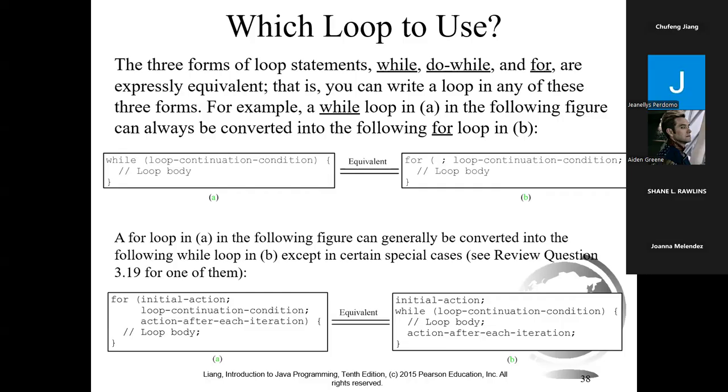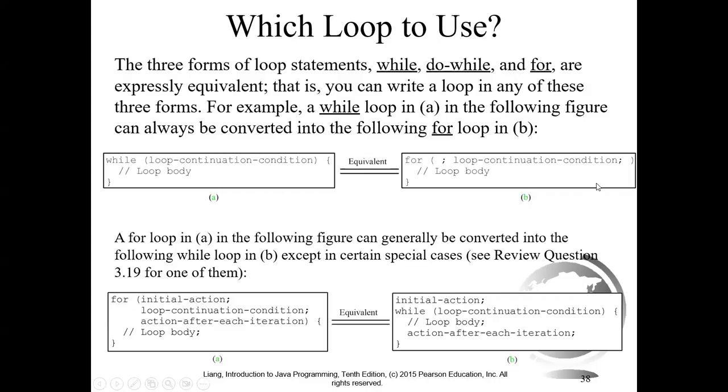Like for, we initialize something, and then we check the loop continuation condition, and then there may exist some after actions, right? So after the first clause, we do the loop body. In this case, the A block is equivalent to the B block.